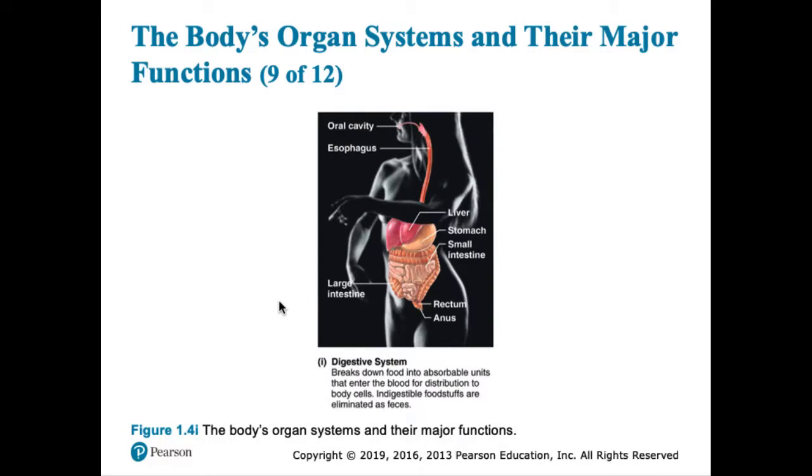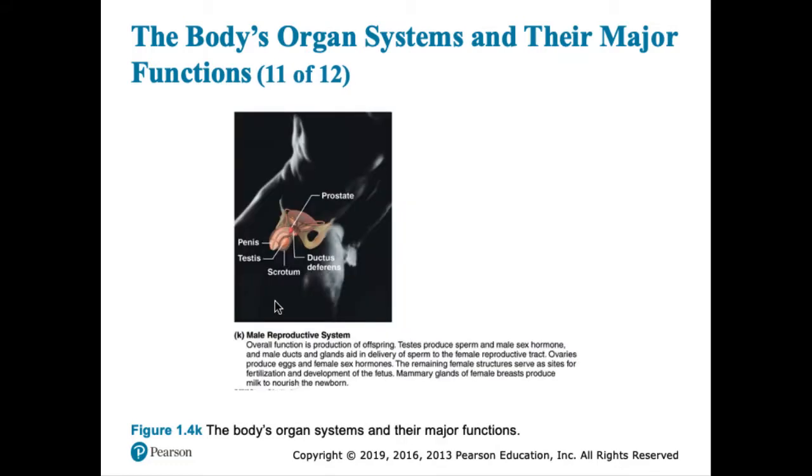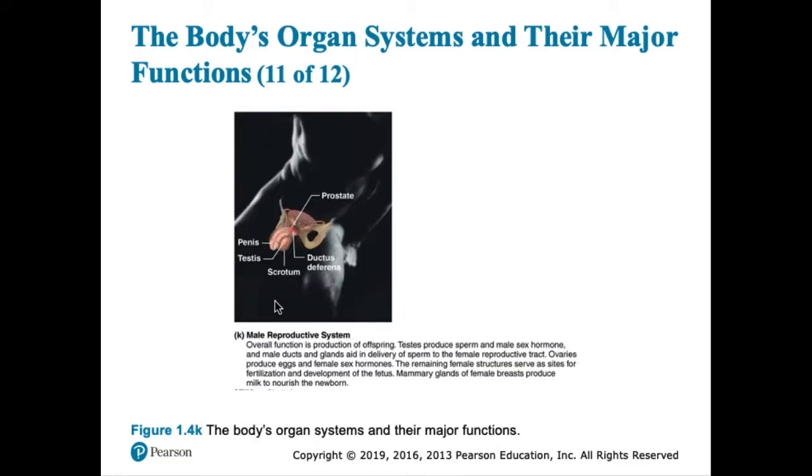The digestive system breaks down the food into those absorbable units that enter the blood for distribution. Also, the urinary system eliminates nitrogenous wastes from the body, helps regulate water and electrolyte balance, and helps with the acid-base balance of the blood as well. And, of course, we have the reproductive system. So you have the male and female reproductive systems.